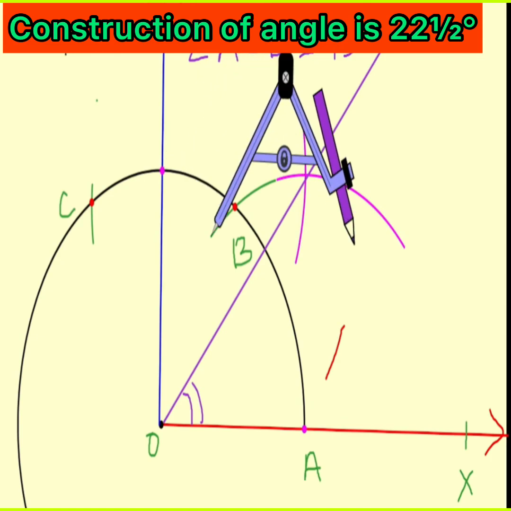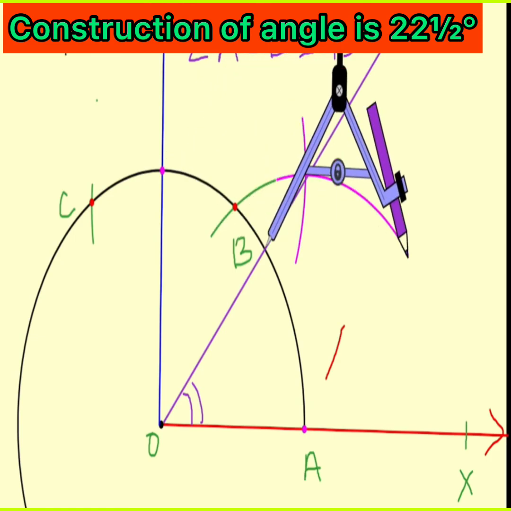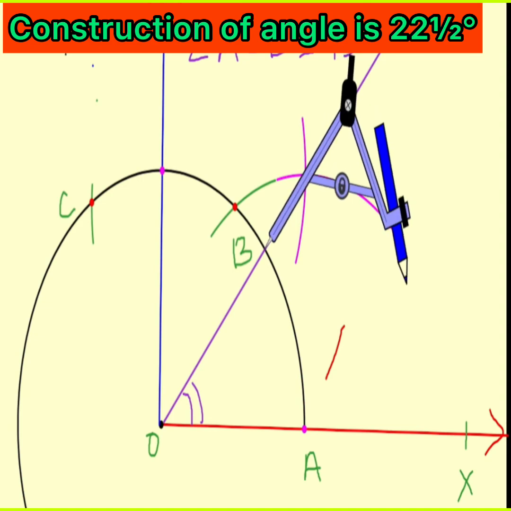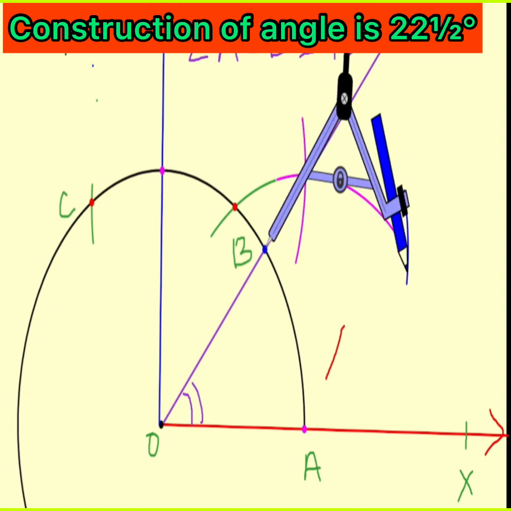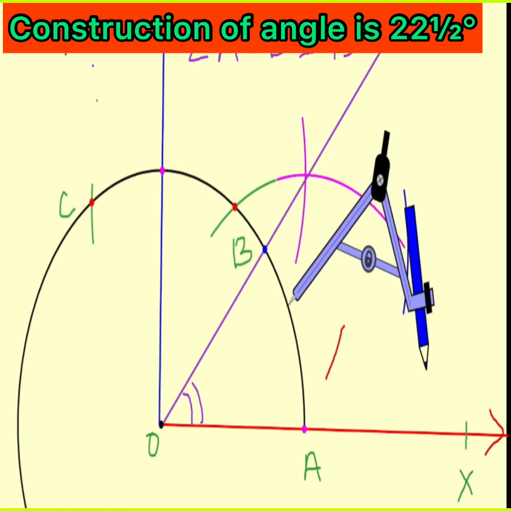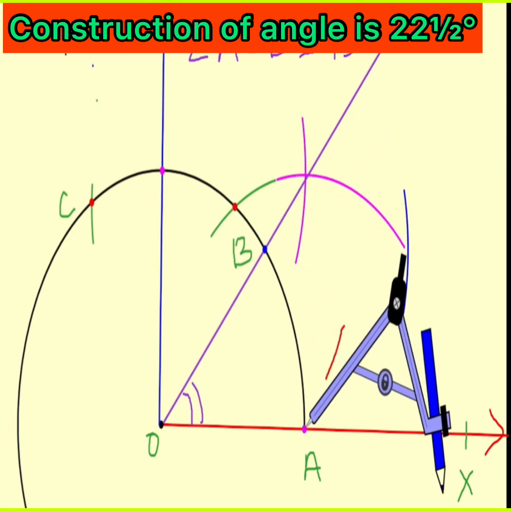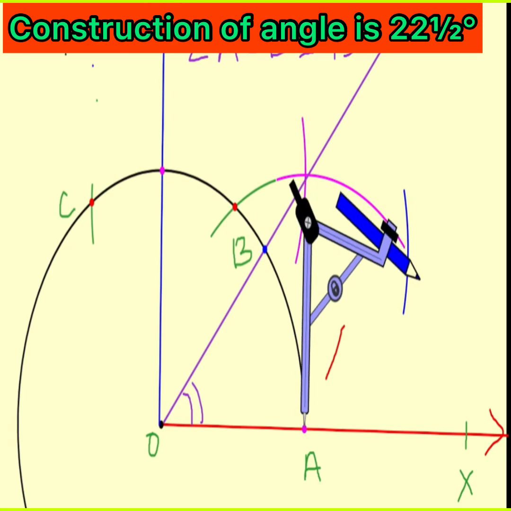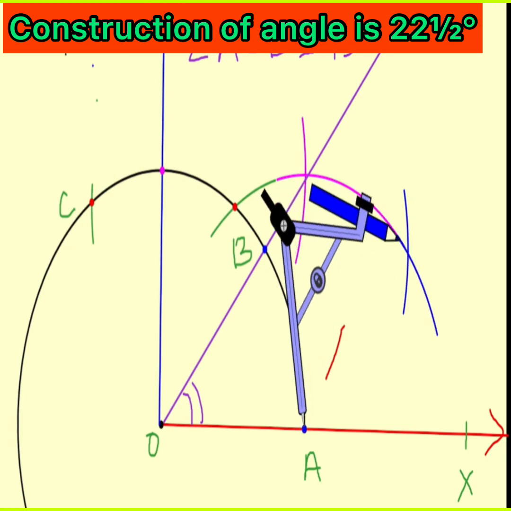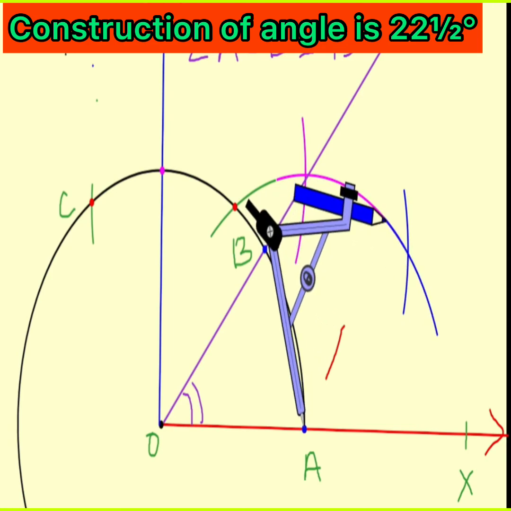You will place the pointer of the compass at the point of intersection of this ray, and you will get one more arc as you see in the diagram, and placing the pointer at A. This is the process to bisect angle 45 degrees.